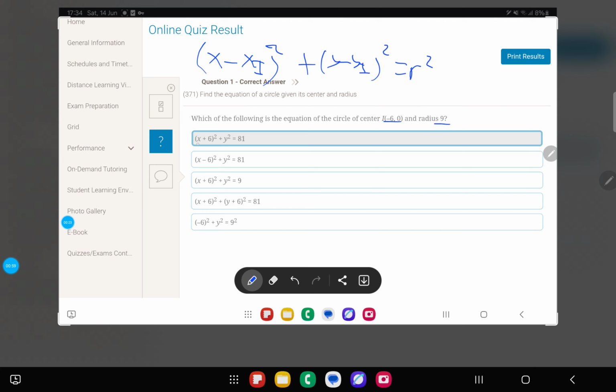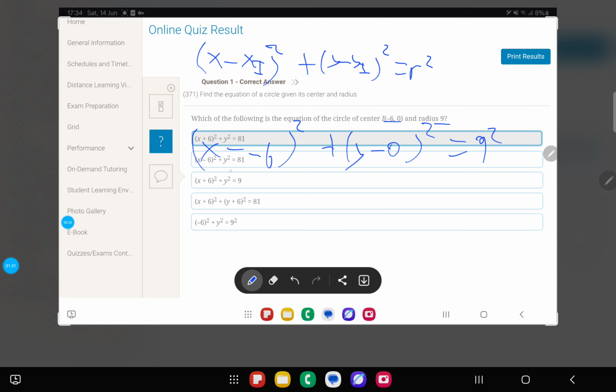So x minus xi, which is x of the center, which is -6, squared, plus y minus yi, the y of the center, which is 0, squared, equals r, which is 9, squared.